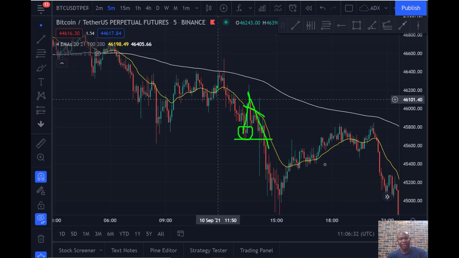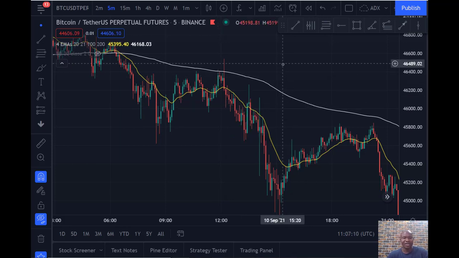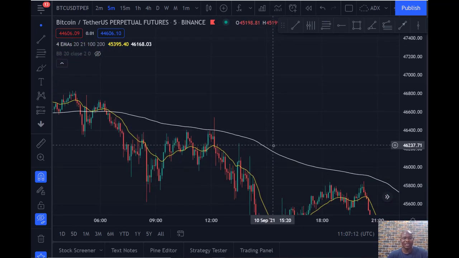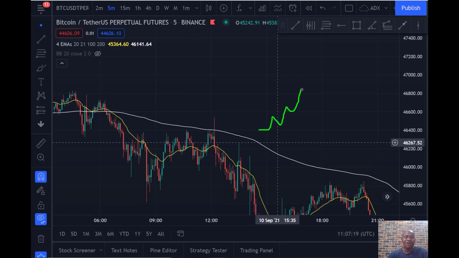So let me recap this strategy, in case you didn't get it because I might be a bit fast. As I said, we are taking buy trades only above the 20 MA. When we see a pin bar above the 20 MA, we take a trade.